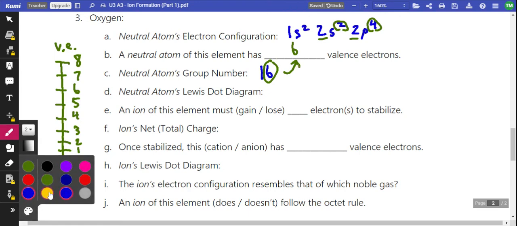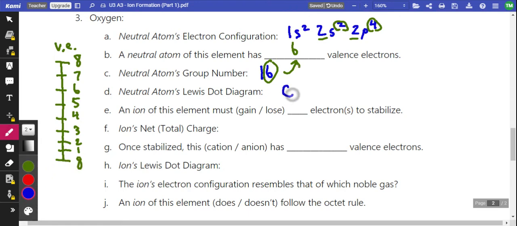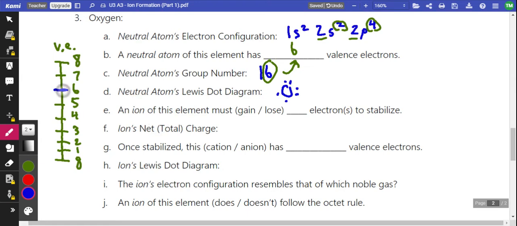We could draw out its Lewis dot diagram by making a big O right there and giving it 6 dots. 1, 2, 3, 4, 5, 6. 6 valence electrons right there. Paired up 2 of them, 2 sets. Okay, so if oxygen is starting with 6 valence electrons right here, would it be easier to lose electrons, which in this case would mean losing 6 valence electrons, or gaining electrons, which would be just gaining 2 to get to 8?